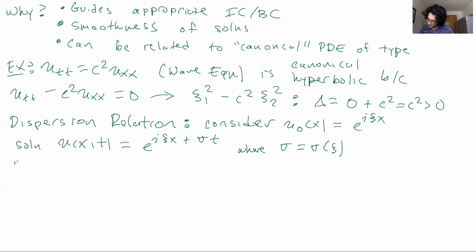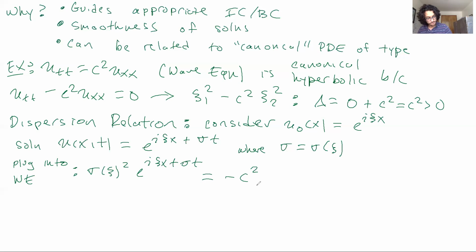So if we plug into the wave equation, then what we get is that sigma of xi squared e to the i(xi x plus sigma t) is equal to minus c squared xi squared e to the i(xi x plus sigma t).